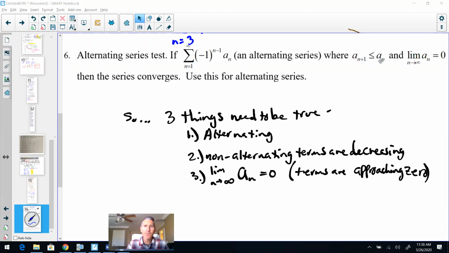And if you take the limit as n approaches infinity of the non-alternating terms, and if that goes to 0, so if all 3 of those things are true, it alternates, the terms are getting smaller, and the limit of the terms goes to 0, then that series will converge by the alternating series test.